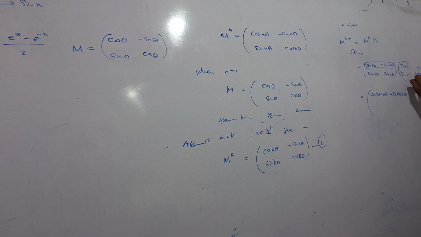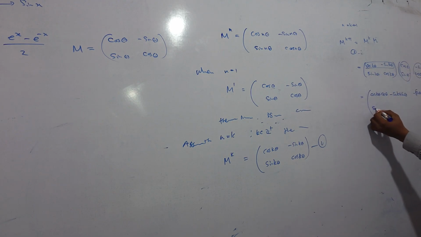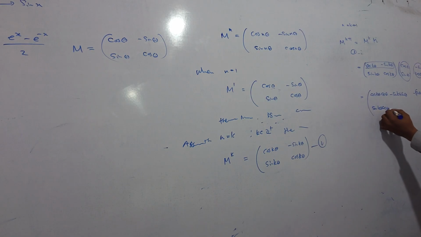This row, this column gives negative sin theta cos k theta, negative sin k theta cos theta, with the sign taken out. The other row gives sin k theta cos theta plus sin theta cos k theta, and negative sin theta sin k theta plus cos theta cos k theta.